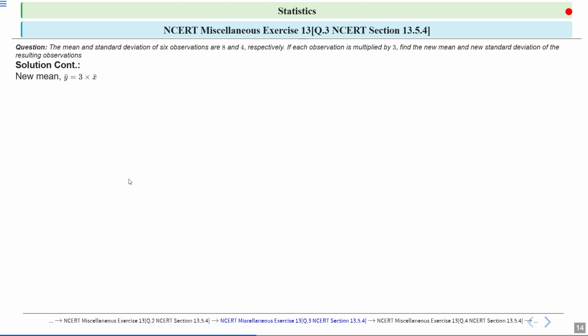So new mean y bar is equal to 3 times x bar. It implies y bar is 24 since x bar is 8.